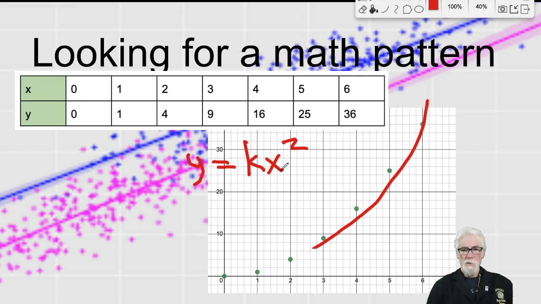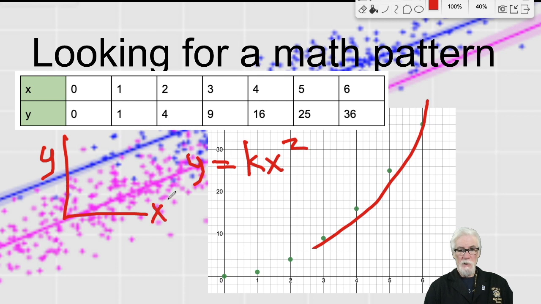Mathematicians think about it that way, but scientists can also think about it this way. If we have Y on the vertical axis and X squared on the horizontal axis, this would just be the equation of a line where K is the slope. And if you plot the X squared values on the horizontal axis, they will all be exactly the same as the Y values, and you just have a line with a slope of 1.